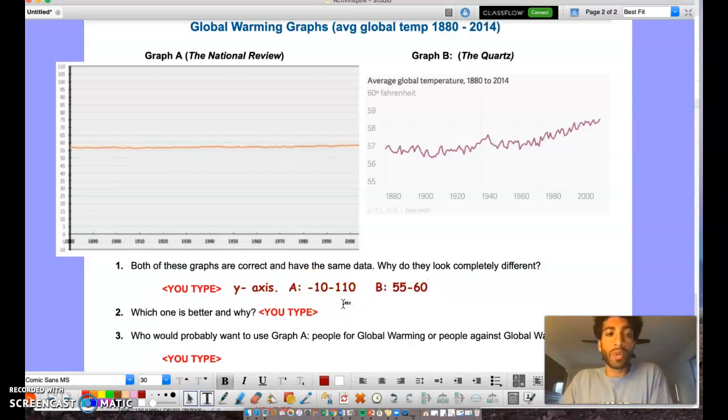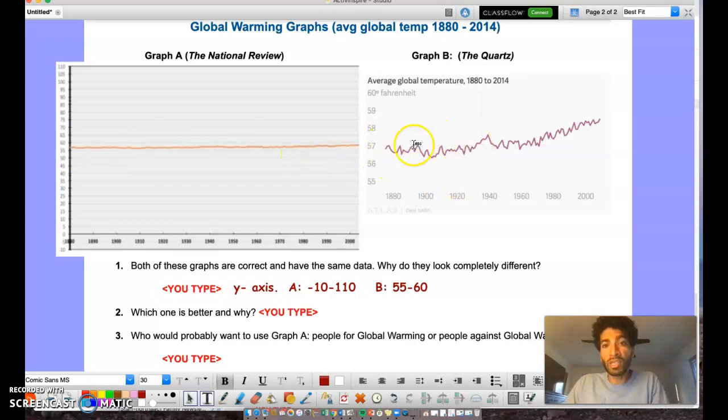Now, the question is, which one's better? This is maybe, I want to say opinion, but more than opinion. If you think about average global temperatures, as you can see from this graph, they're all between 55 and 60 over the last 150 years. So with graph A, what they did was they zoomed out, so it looked like everything was really flat.